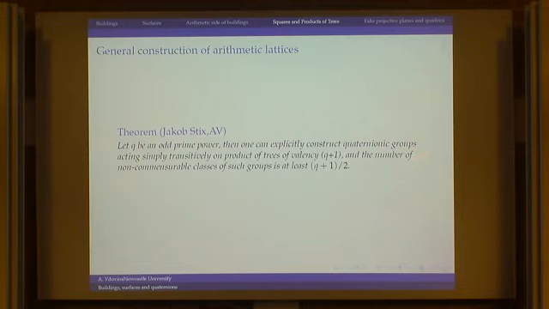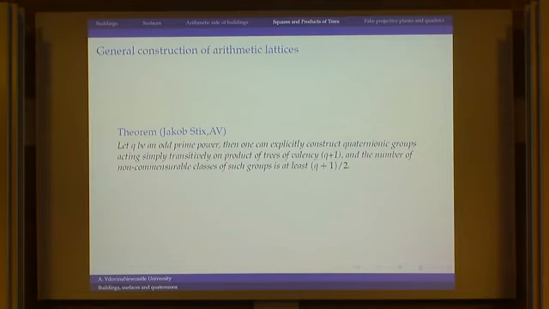So here, because we have some arithmetic behind, we can say that our groups for the same valency are non-commensurable.